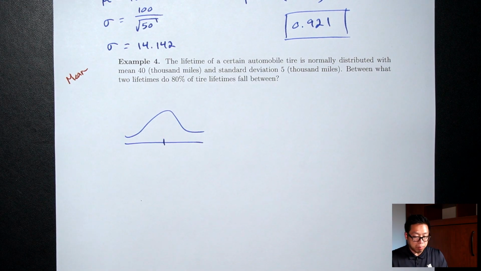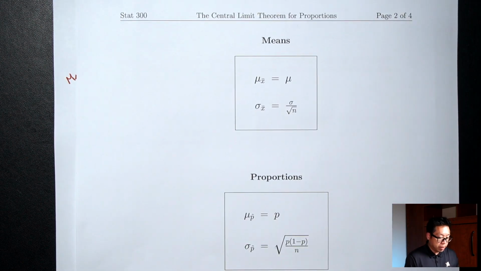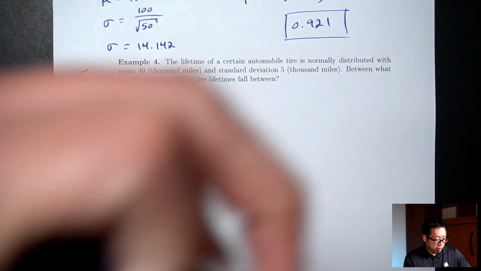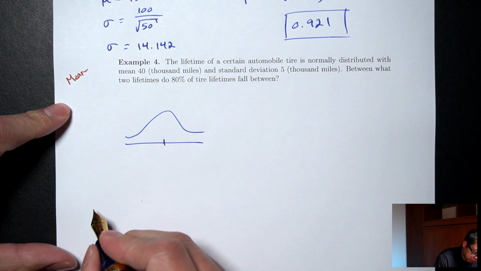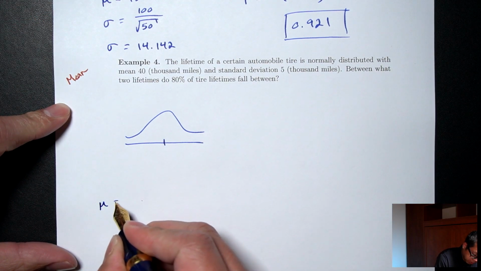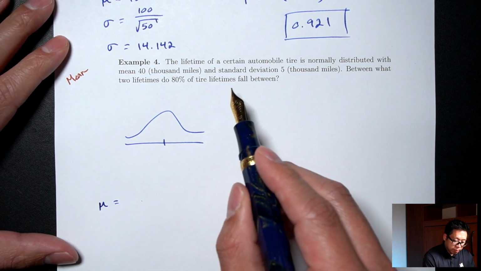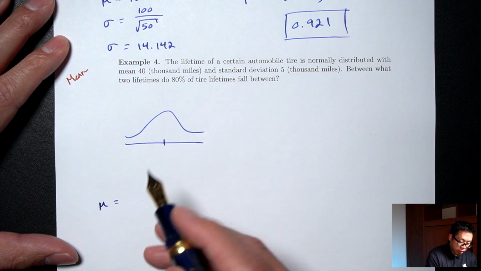Okay, and then let's use the mean box to write down the mean and standard deviation. Our mean is going to be the original mean of the population. So the original mean in question, mean 40.